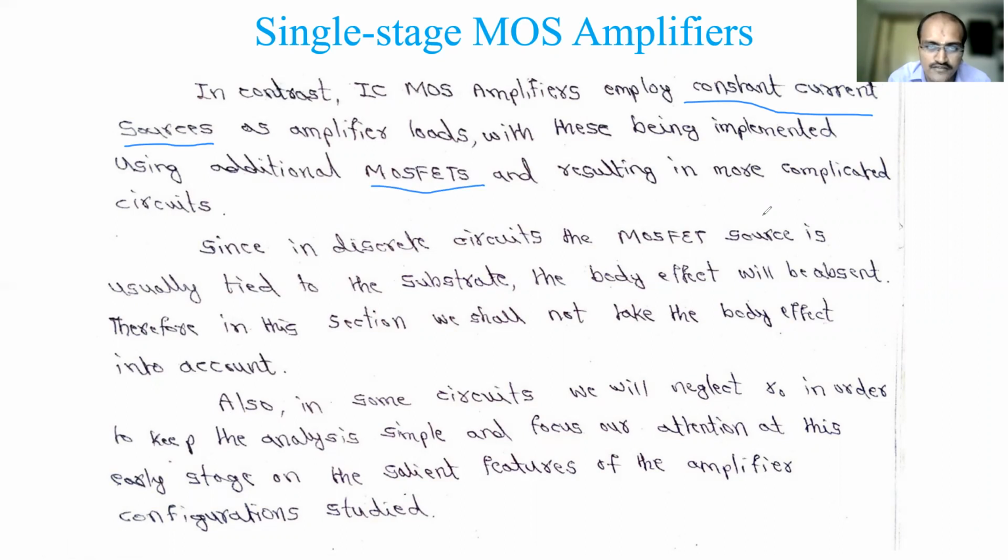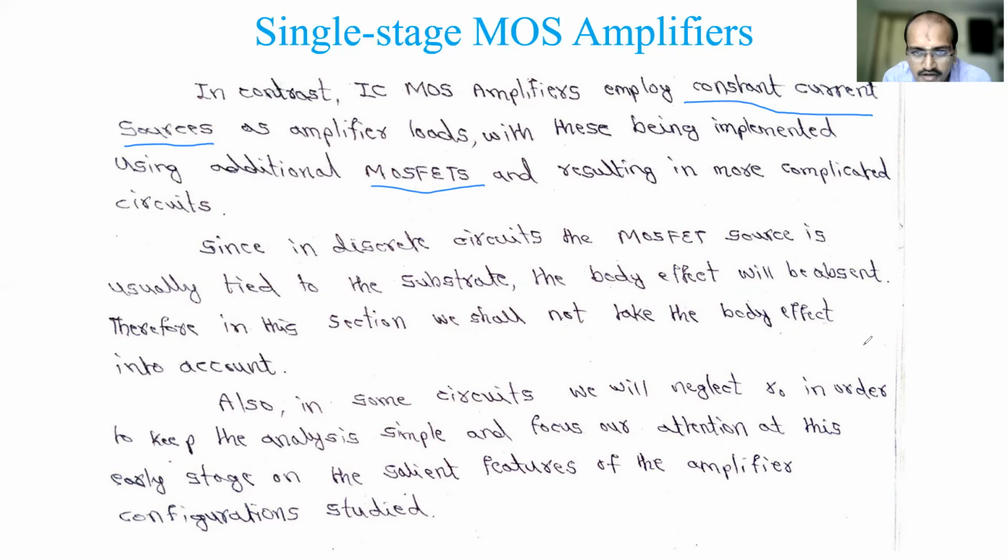So IC MOS amplifiers are complex circuits, with a constant current source as the amplifier load along with some additional MOSFETs. Since in discrete circuits the MOSFET source is usually tied to the substrate, this is regarding the device structure. Very first we told in the MOSFET that it has 4 terminals along with the gate, drain and source.